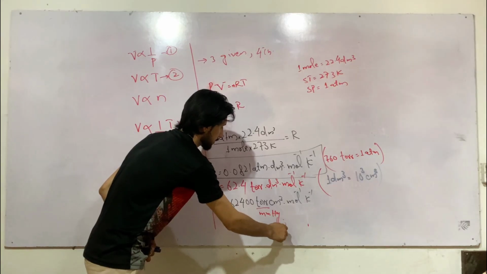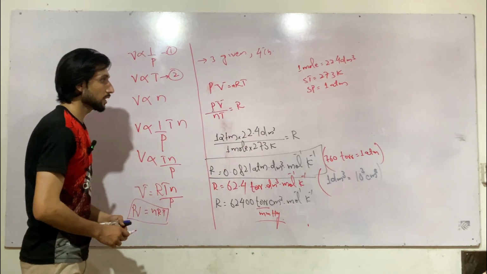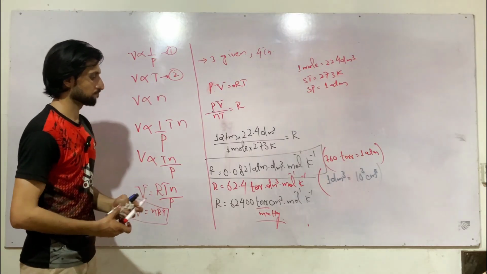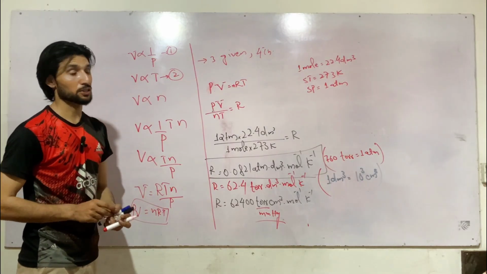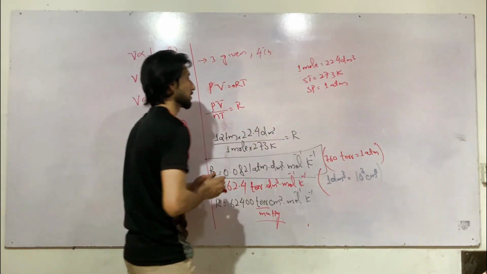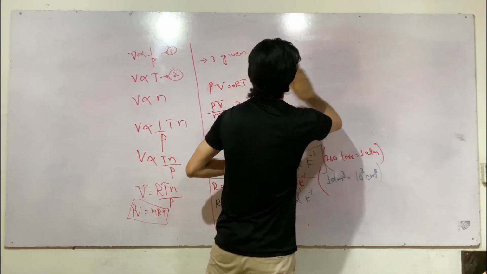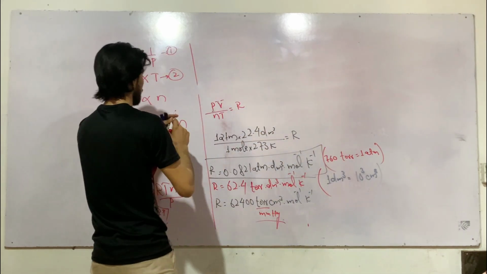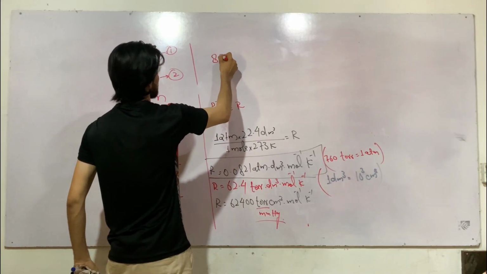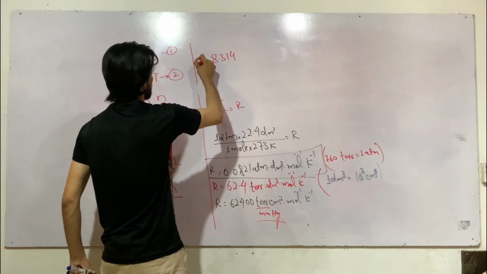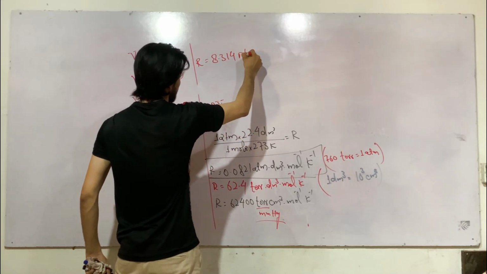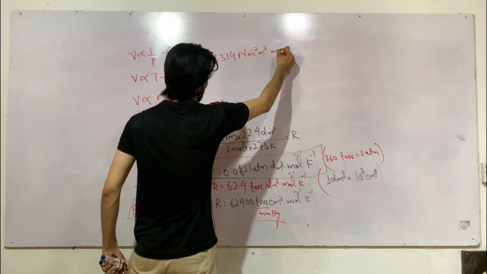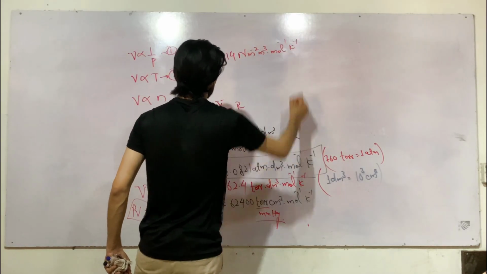Now, if I take the value of R in system international units, the value of R is 8.314 Newton per meter square, meter cube per mole per Kelvin.